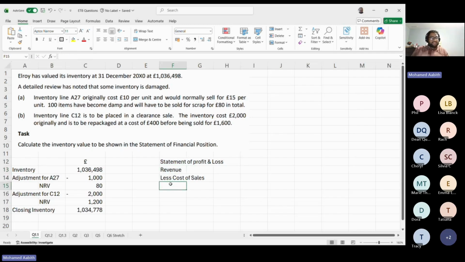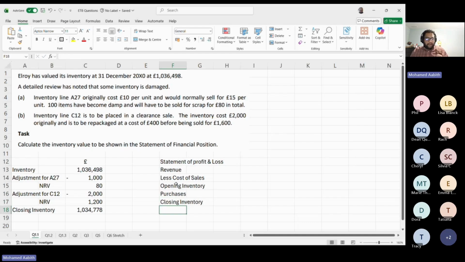So the cost of sales is calculated this way. It is the simple formula of opening inventory plus any purchases and take away closing inventory.